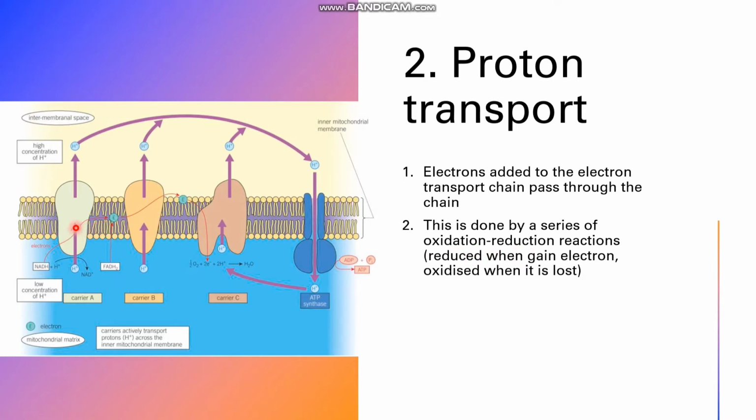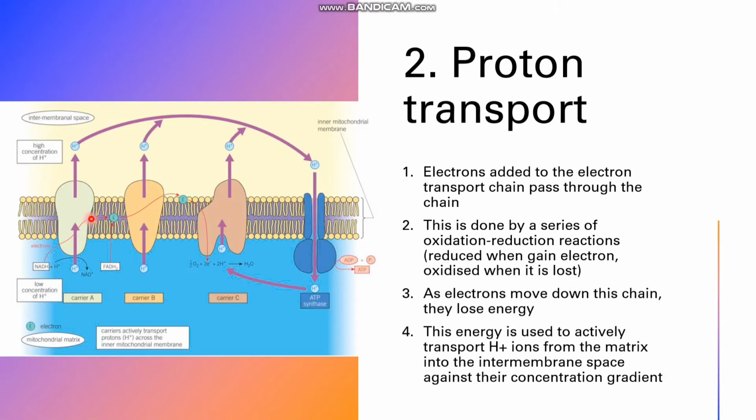When an electron is passed on to the next molecule, this molecule is reduced because it has gained an electron. But as soon as the electron is passed on, the molecule is oxidized again because it loses an electron. As the electrons move down the chain, they lose energy, so they're releasing energy constantly.